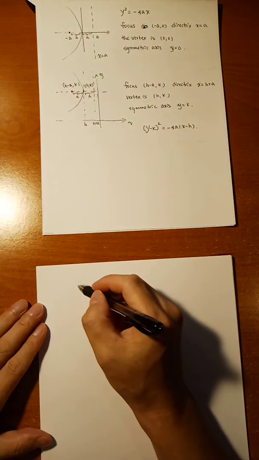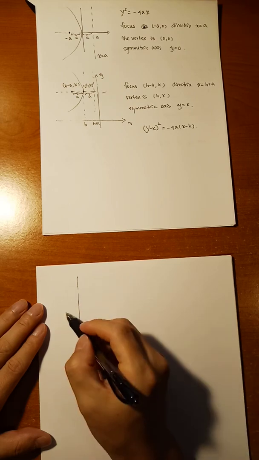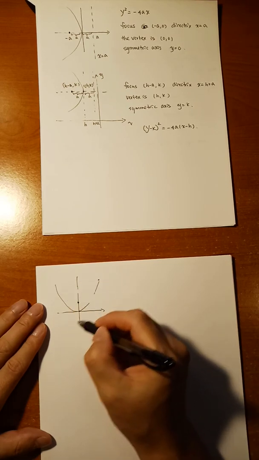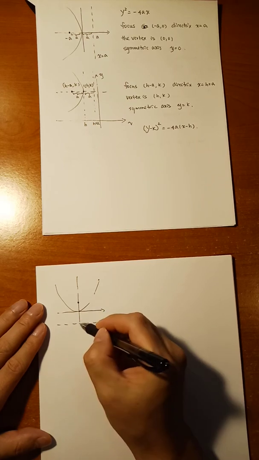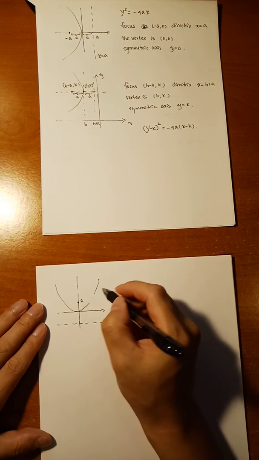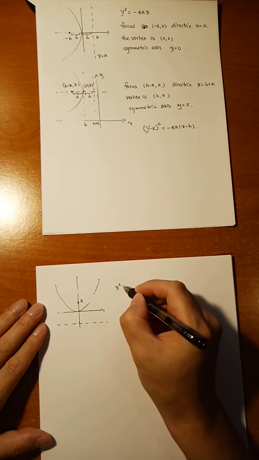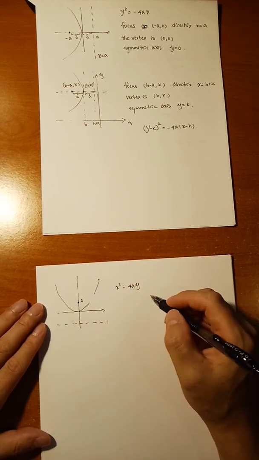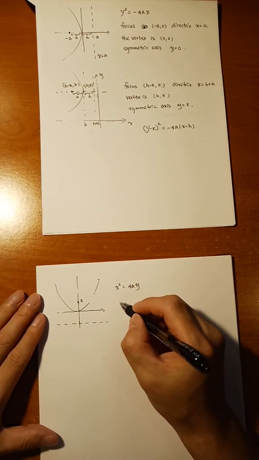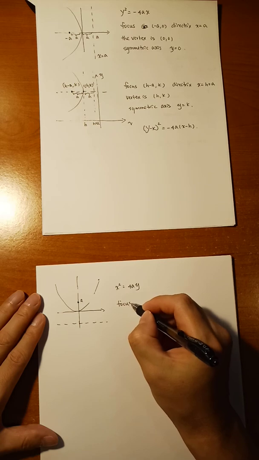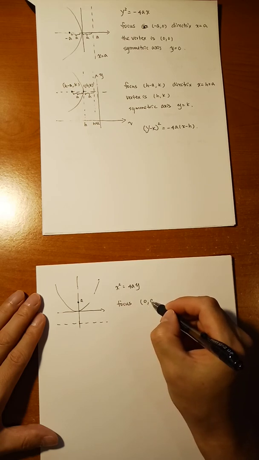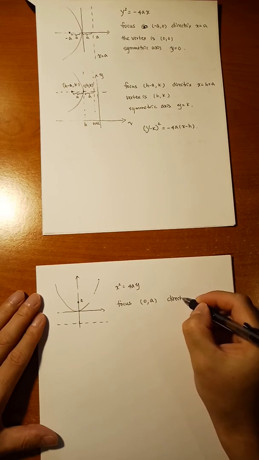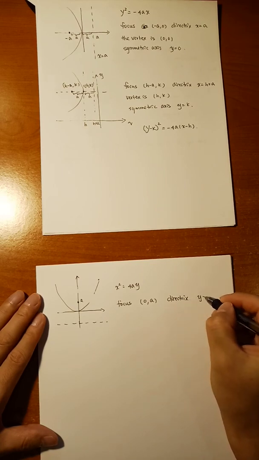In the third case, if we have such a vertical problem, here is a. This time it's x squared is equal to 4ay. And then the focus is (0, a). This time it is on the y-axis. Directrix is y equal to negative a.